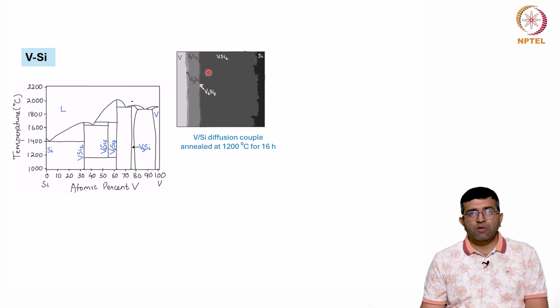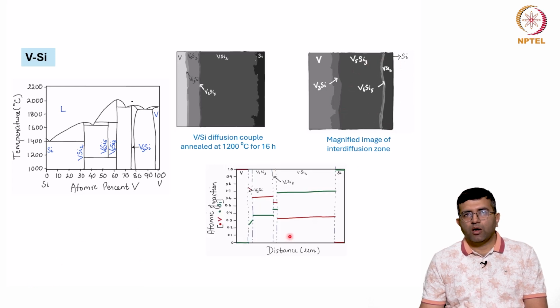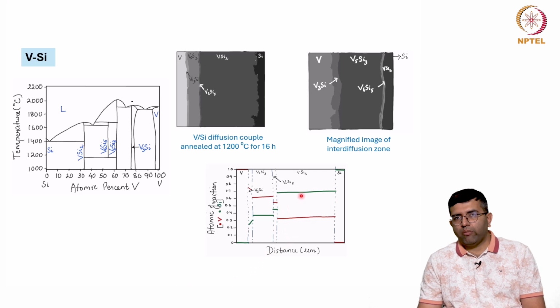So, here 3 different intermetallic phases form, and the fourth one is a large region of VSi2. It again tells us that although several intermetallic phases exist in the phase diagram, one of them grows predominantly here. This is a slightly magnified view of the same.